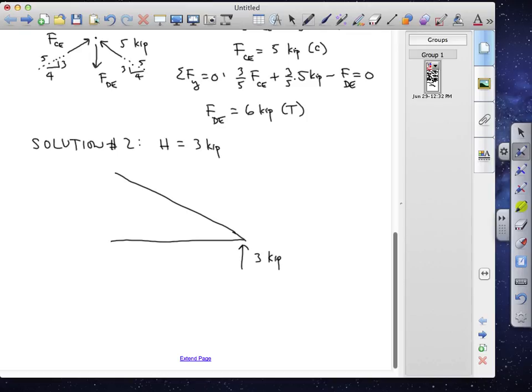Although it isn't necessary for us to show the internal features of the section here, I'm going to do this just to help guide my eye. So we're cutting through this right-hand side, and we have over here FBD, FCD, and FCE.